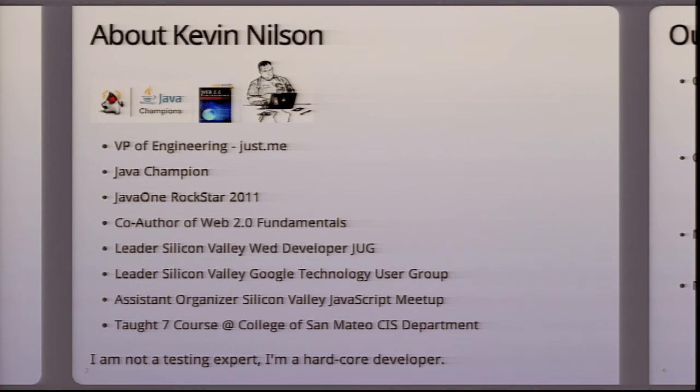I'm probably most known in the Valley and around the world for running three of the largest user groups in Silicon Valley. I run the Java user group, the JavaScript meetup, and the Google Technology user group, or Google Developer group as they call those now. I run about 30 free events a year, and all of them are about this size.